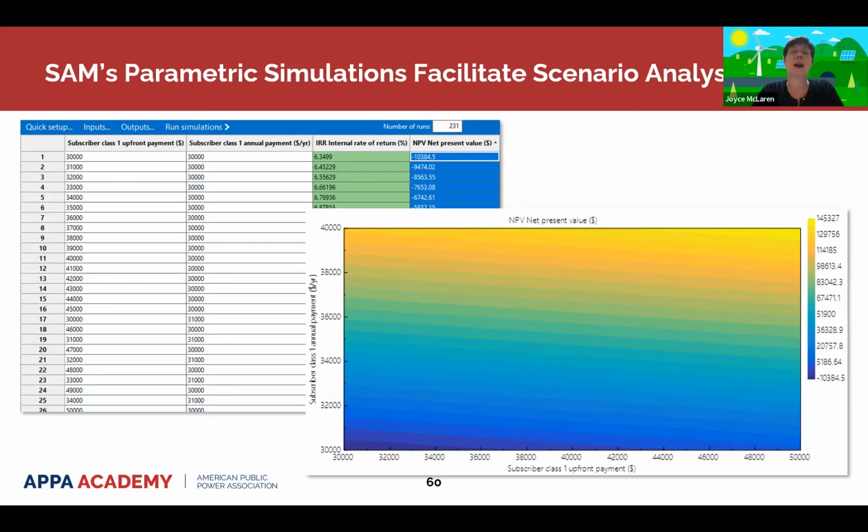So you don't have to run multiple simulations over and over. You can just give it a range of inputs and it will automatically give you the range of outputs, which is really neat. That's something that we would encourage you to take advantage of so that you can really hone in on the right size system, the right components, everything like that.